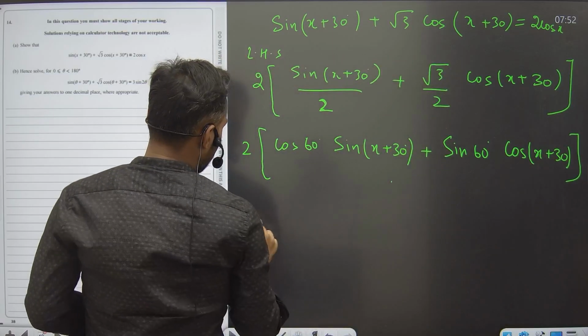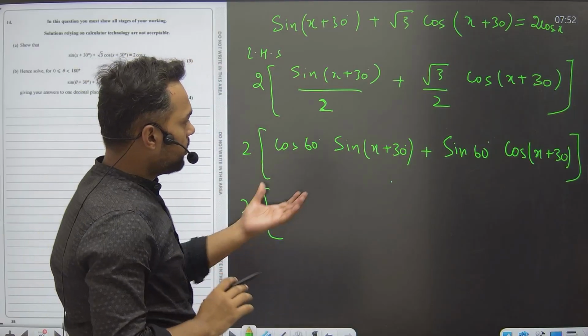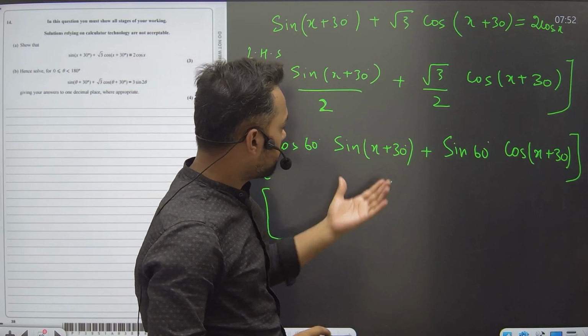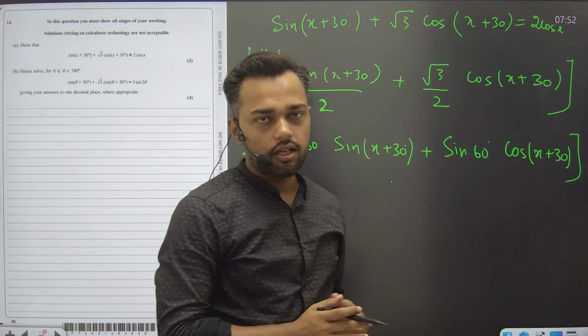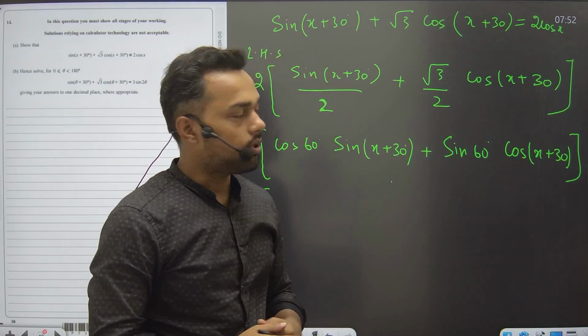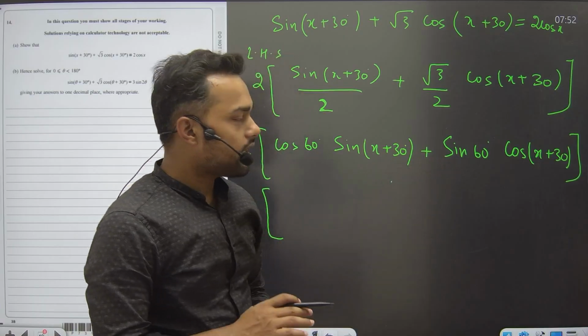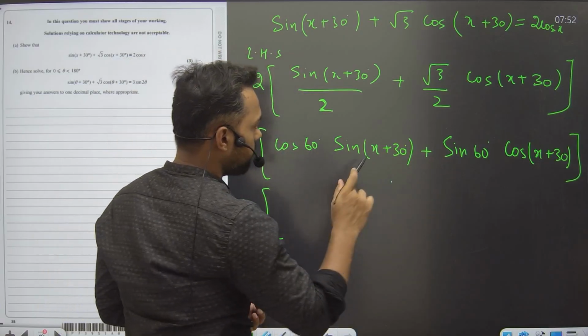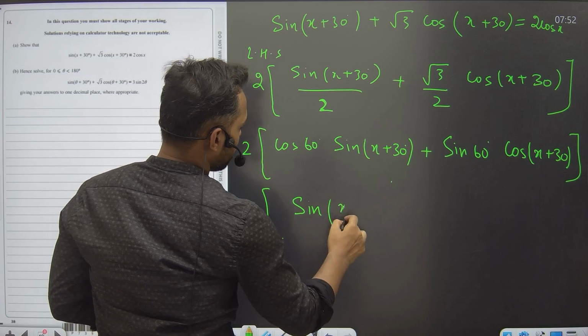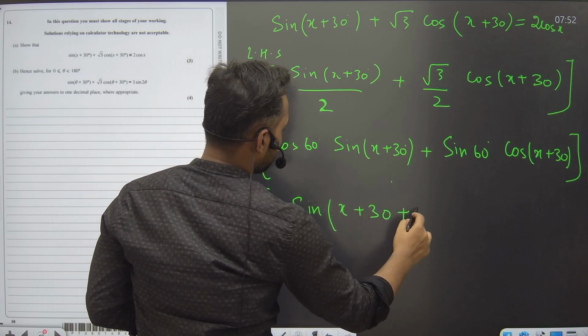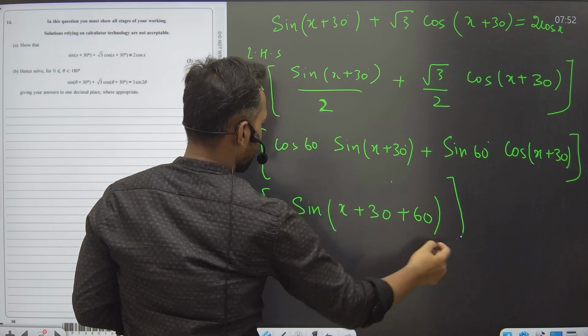Now, this is the formula of sine of a plus b. Sine of a plus b equals sine a cos b plus cos a sine b. So here we will get 2 sine of x plus 30 plus 60.